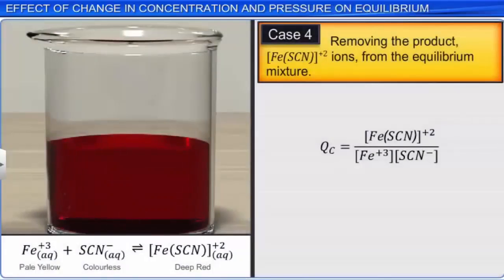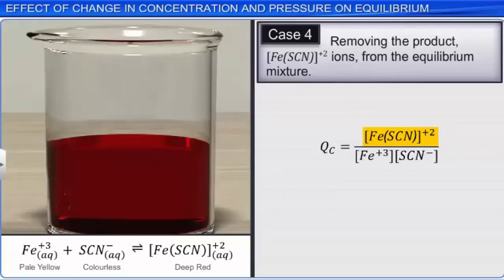Case 4. Removing the product FeSCN²⁺ ions from the equilibrium mixture. On removing FeSCN²⁺ ions from the equilibrium mixture, the value of the numerator in the equation for the reaction quotient decreases.